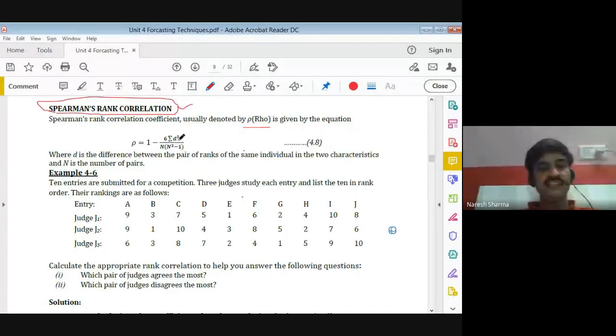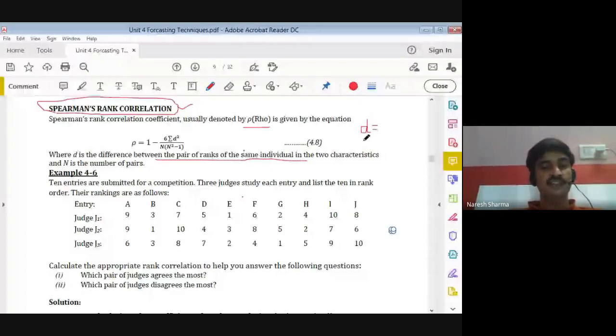Here d is the difference between the ranks of the respective values of your x and y. So d is the difference between the pair of ranks of the same individuals, meaning not x1 and y1, but the rank of x1 and the rank of y1.